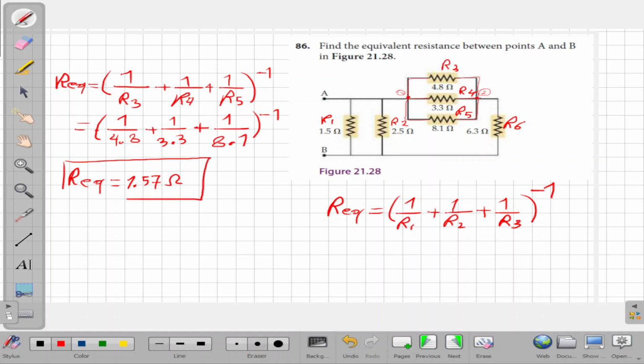Let's try to redraw this electric circuit, replacing these 3 resistors by the equivalent resistor.